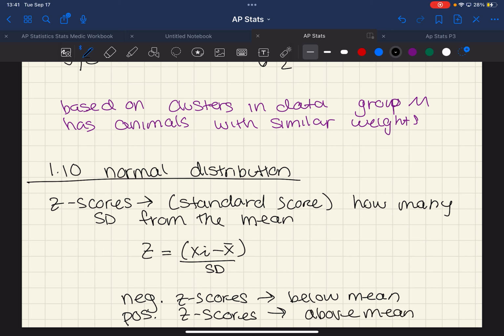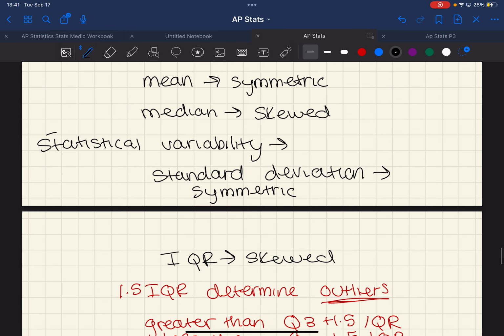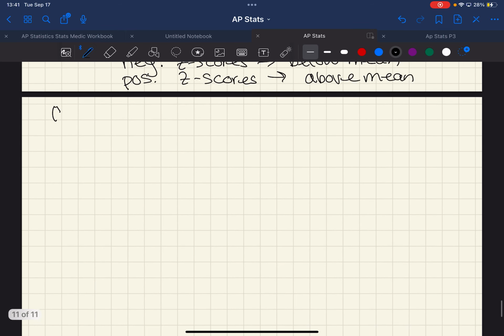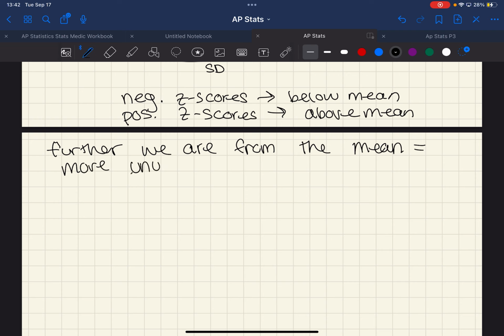Okay. The further away we are from the mean, the more unusual the value is. So the further we are from the mean means the more unusual the data point is.